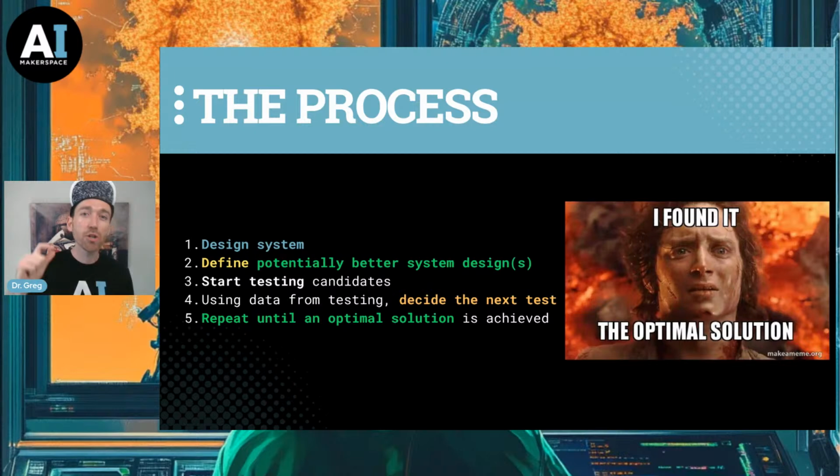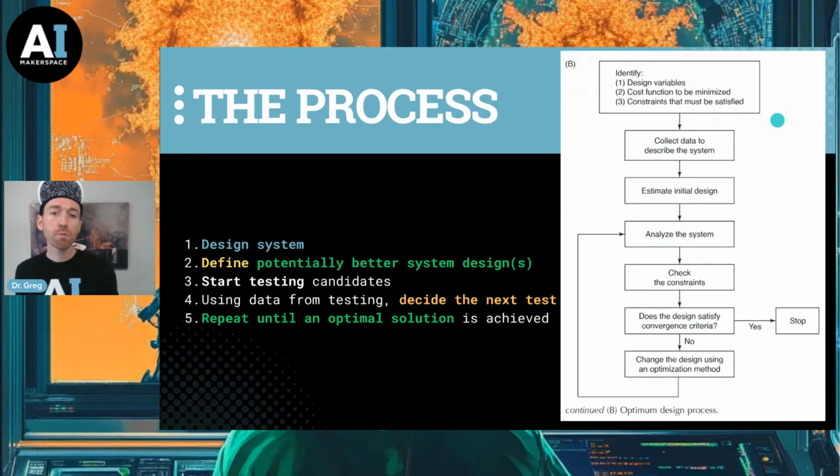We want to learn what we should test next. And it is this fundamental principle that you will see everywhere if you start looking through this optimization lens. And then all we do is just repeat that until we get an optimal solution. We might repeat it till we converge based on a constraint that we provided, or we might just repeat it for some number of, let's say, training steps.